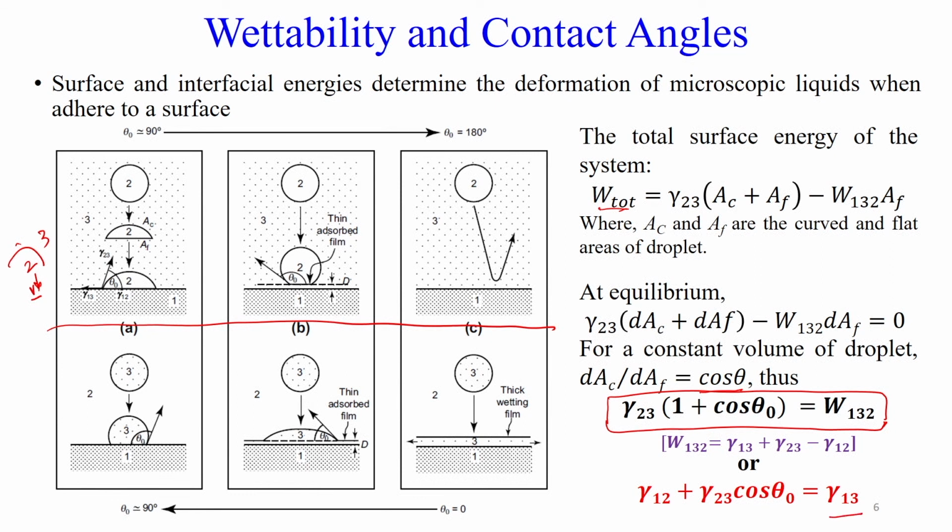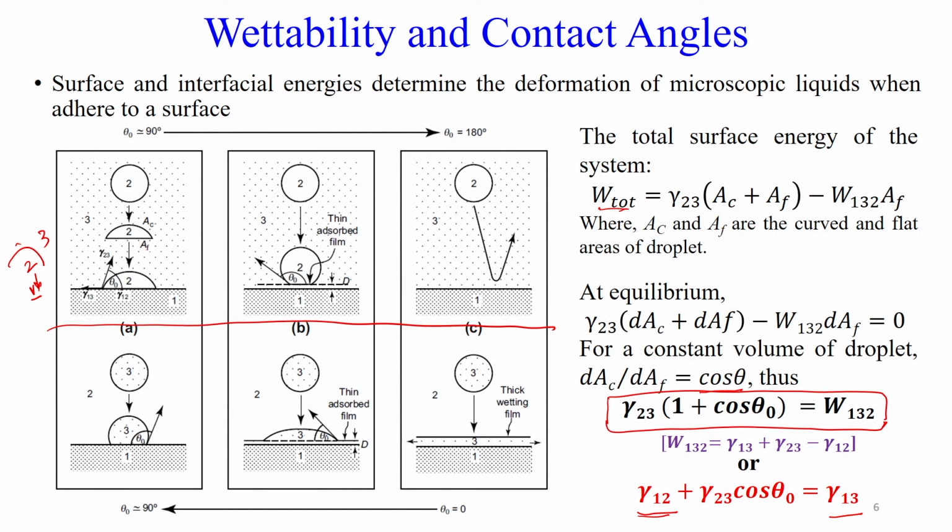So, what it says is surface energy, interfacial tension between 1 and 2 plus 2 and 3 times cos theta is equal to the 1 and 3. This is exactly same as the Young's equation.